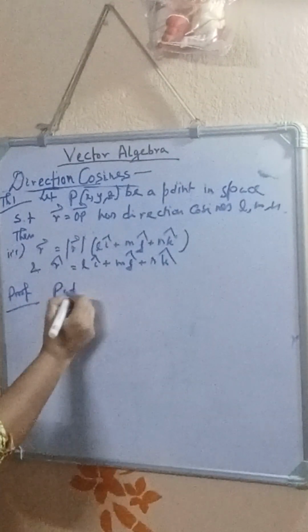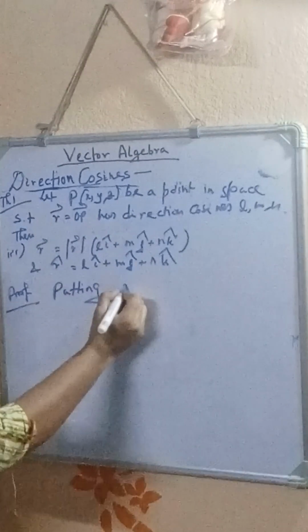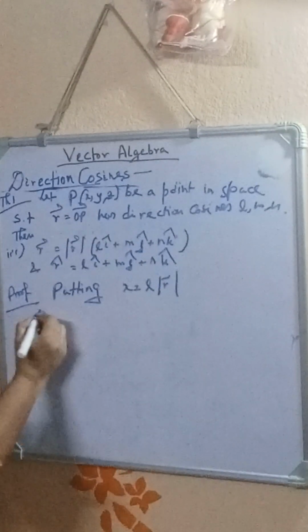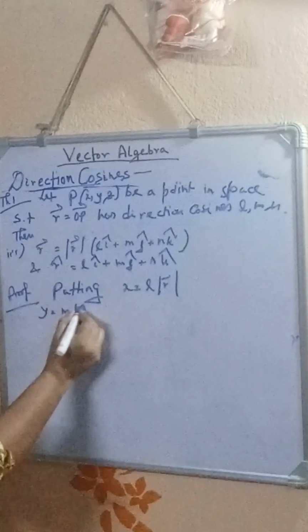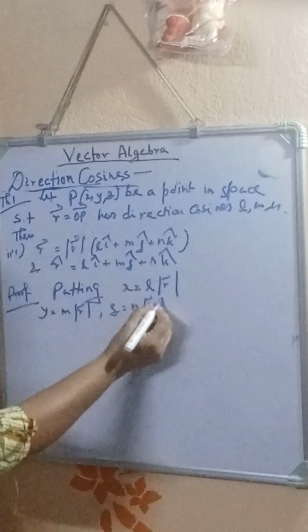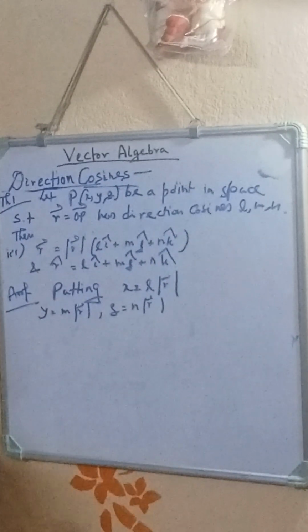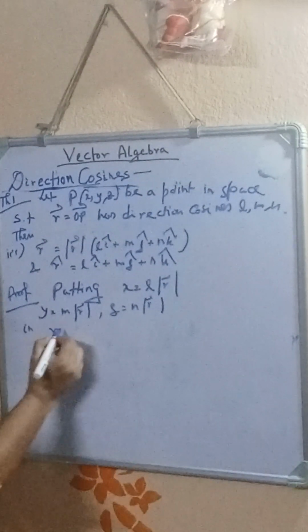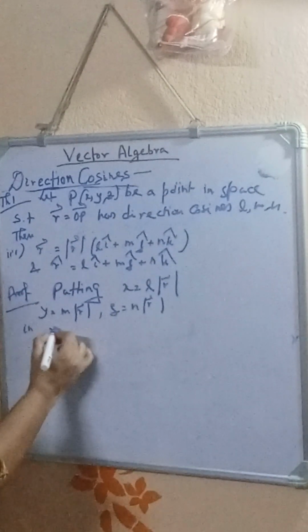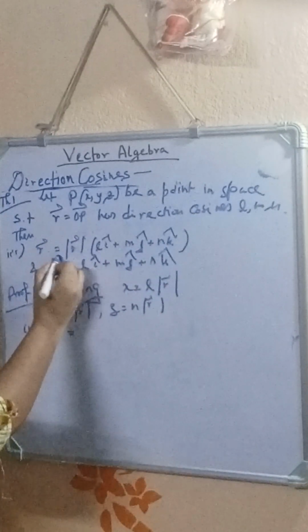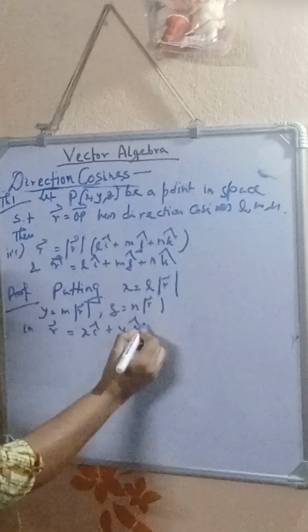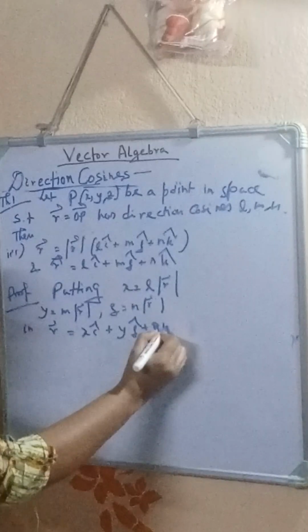Putting x equal to l|r|, y equal to m|r|, z equal to n|r| in r equal to x i cap plus y j cap plus z k cap.